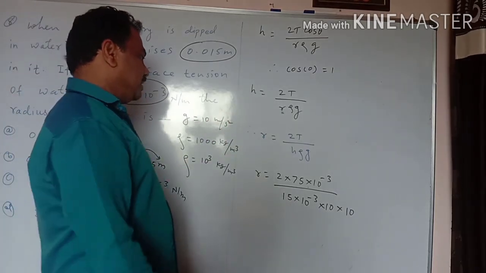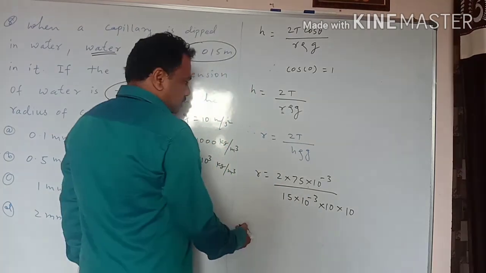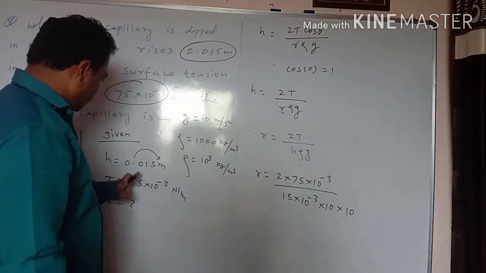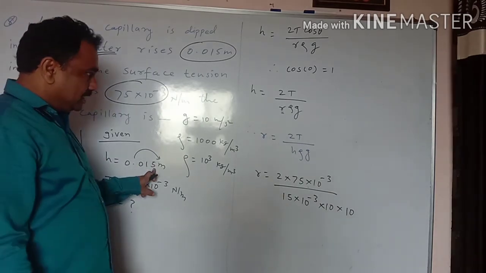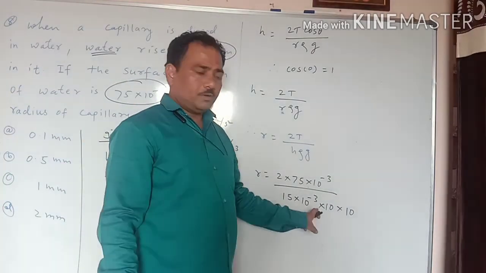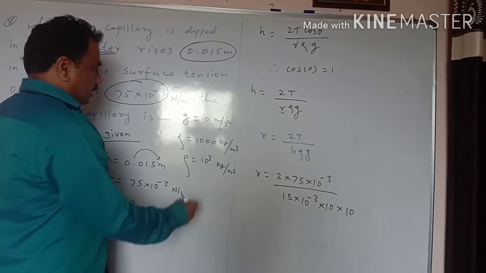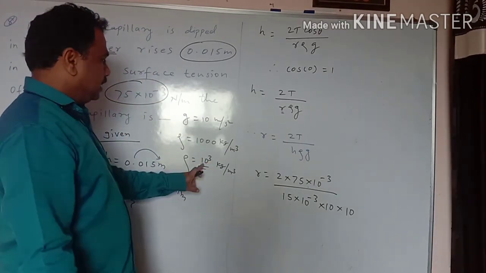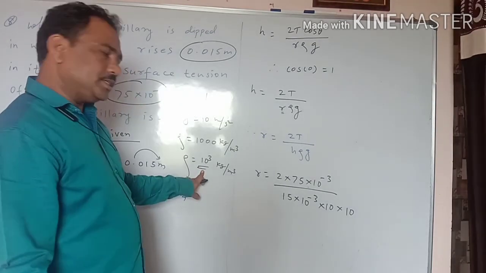Now calculate easily. So what is the calculation of this? Here we are shifting the decimal point after 3 digits, meaning we are putting 10 to the power minus 3, and here density of water is 1000, that is 10 to the power 3.